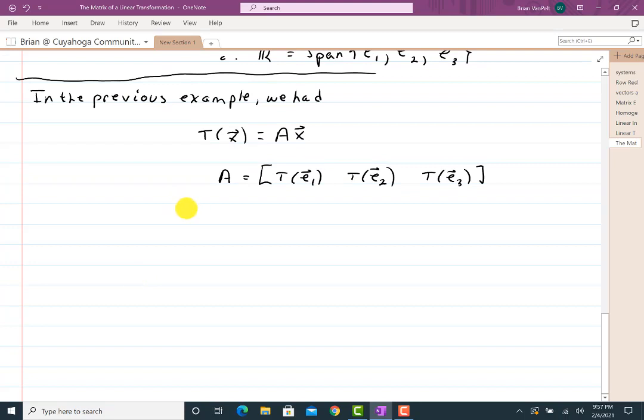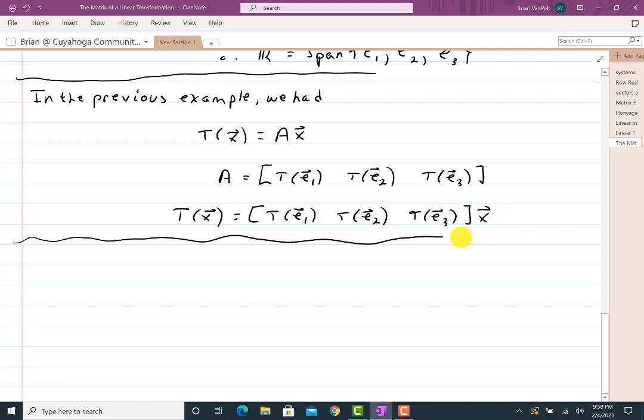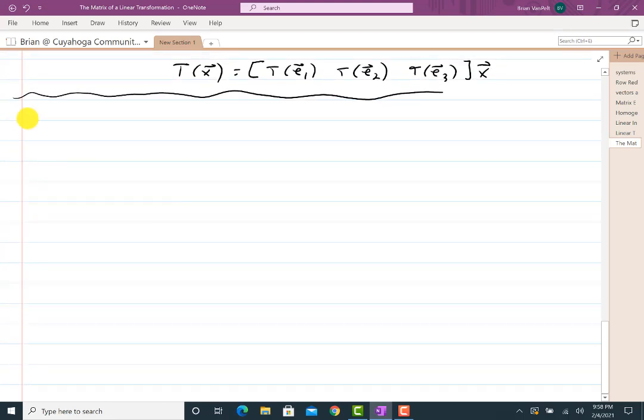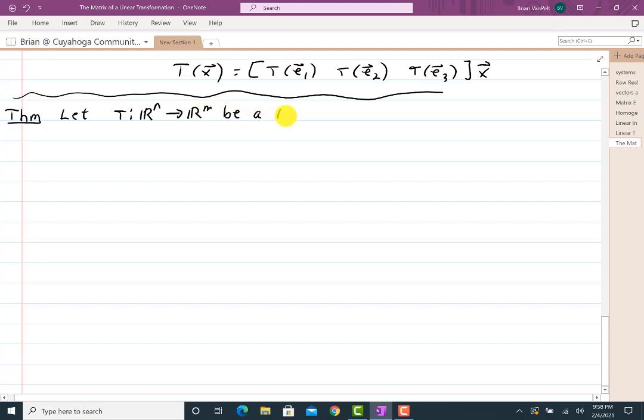So that T of x equals the matrix with columns T of E1, T of E2, T of E3, times x. Here is a theorem. Let T from Rn into Rm be a linear transformation.